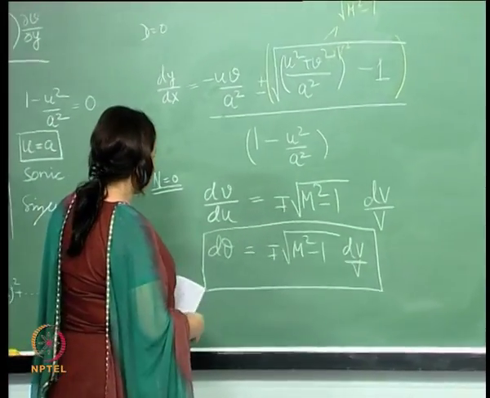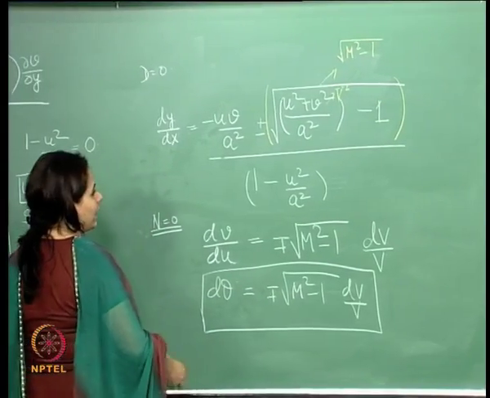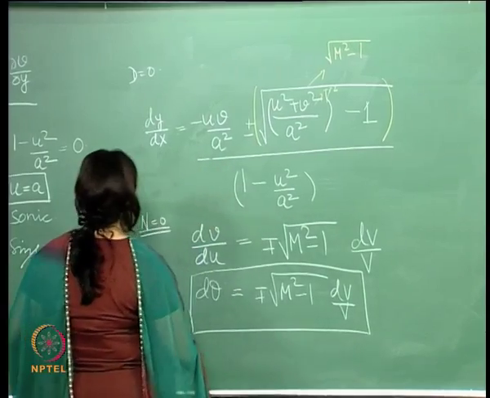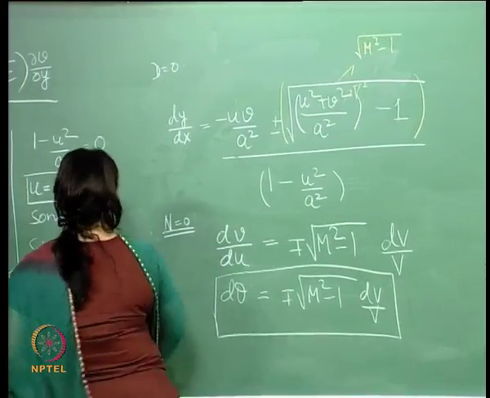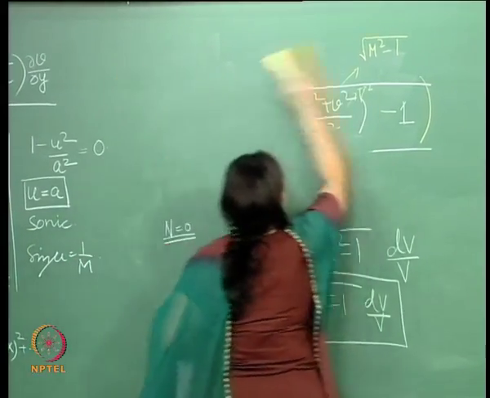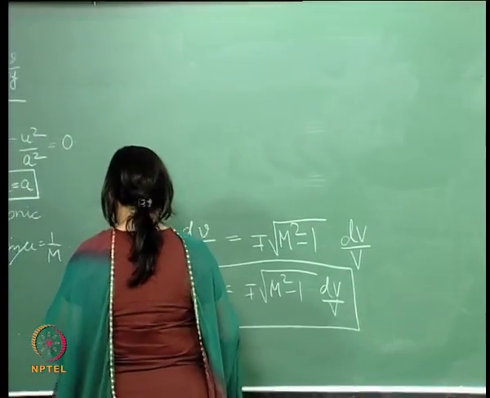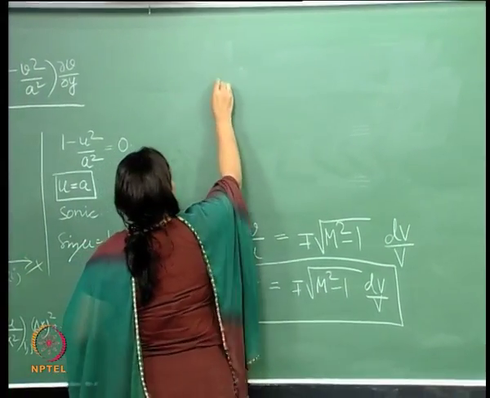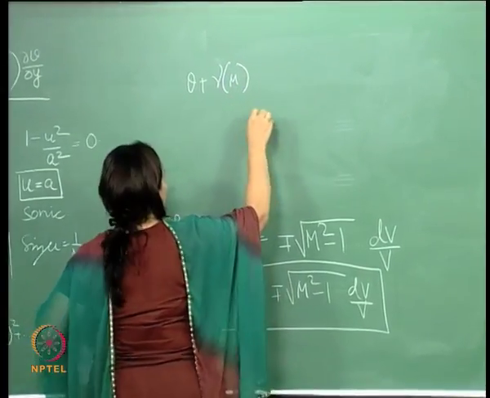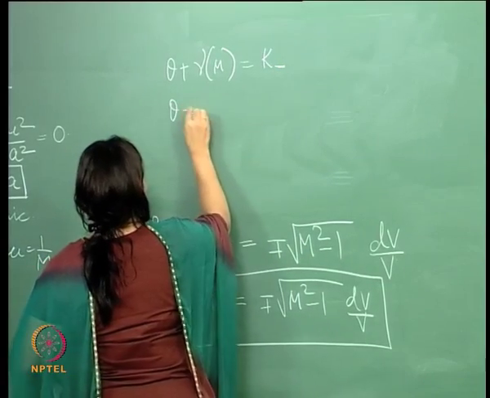In this case, the algebraic compatibility equations we can write like we have done before. It will be k minus, and theta minus.